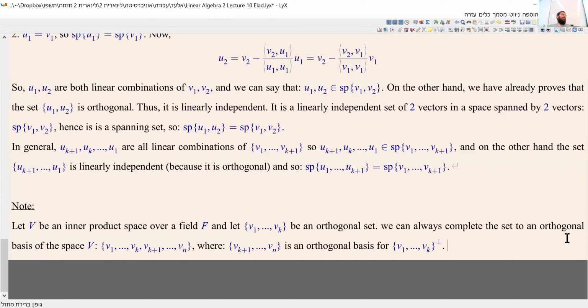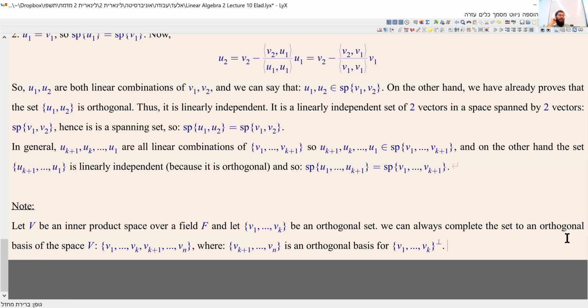What I actually say now is that we can do it with an orthogonal basis as well. We started with an orthogonal set. We can add vectors that on one hand gives us eventually a spanning set, and on the other hand, the new set is still orthogonal.